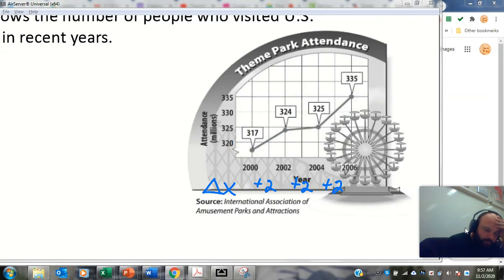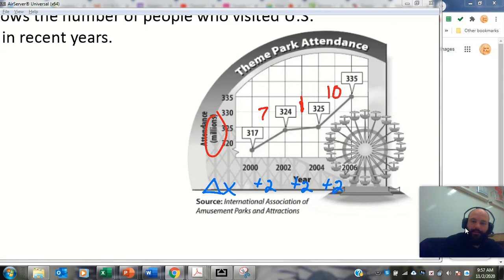Okay, so if you look at the first pair of numbers, 317 to 324, that is an increase of 7. And remember, this is in millions. So there was an increase of 7 million. Now, from 2002 to 2004, there was only an increase of 1 million. And then from 2004 to 2006, there was an increase of 10 million.